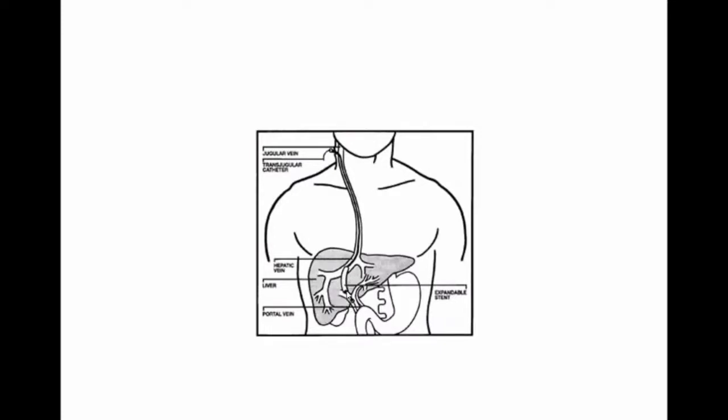So when you lodge it there, one mouth is open to the portal vein, other mouth is open to the hepatic vein. And then you take the guide wire out, leaving the shunt in situ inside the liver tissue. So blood from the portal vein goes through the hepatic vein into this. So the pressure is relieved, congestion is relieved.